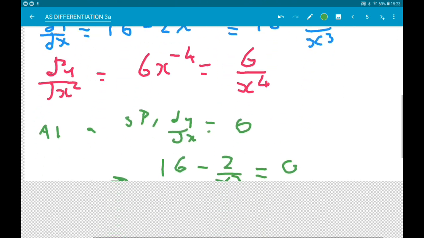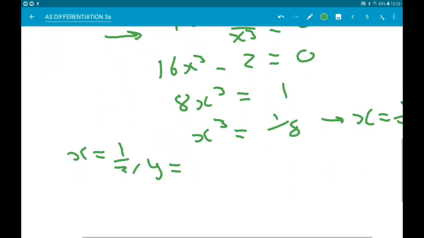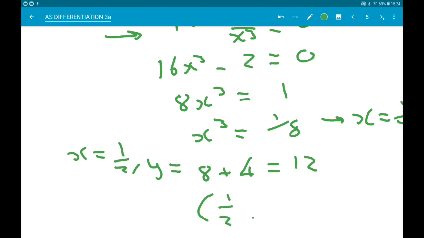So 16 times a half is 8. And then we have 1 over 1/4, so that's 4. So we have 8 add 4, that's 12. So the coordinates are 1/2, 12.